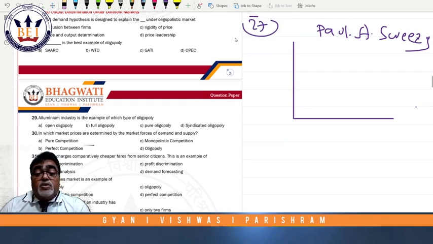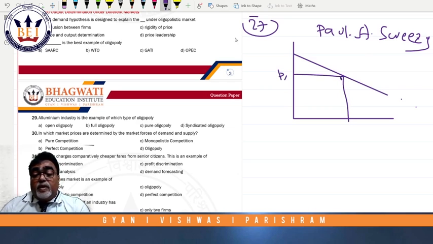The concept is called the kinked demand curve. What is that, sir? Say the price is settled this way. For a vegetable market, we agreed the price as this. Now some seller decreases the price. So everyone will cooperate with him.